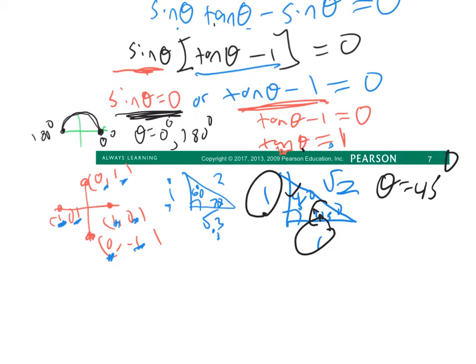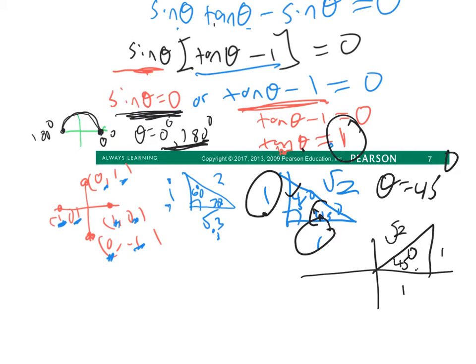But be careful. Are there 2 answers, just like there was right here? Back to my unit circle. If one of my angles is 45, which I think we agreed, 1, 1, square root of 2, where else is tangent positive? Is tangent positive down here? No. Because opposite would be a negative 1 over 1.